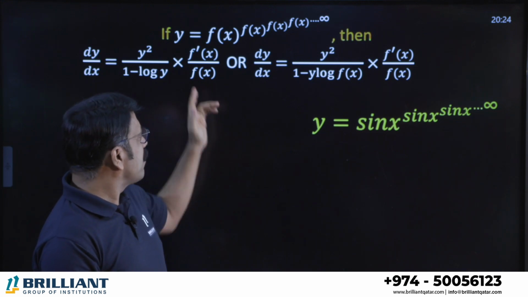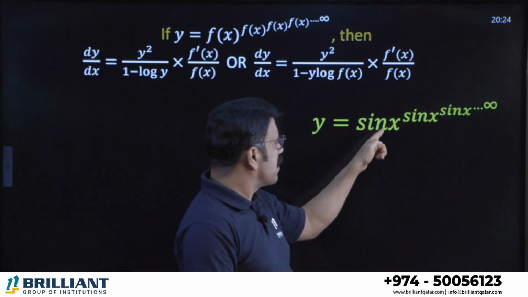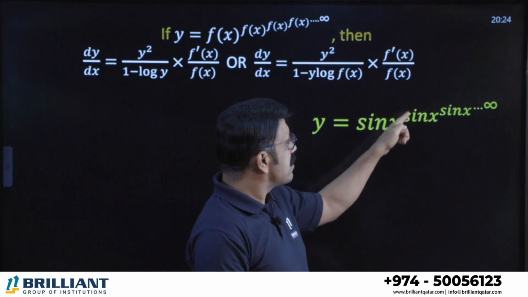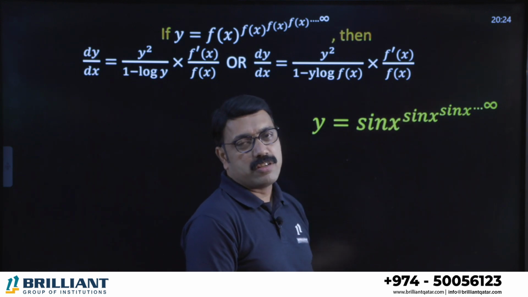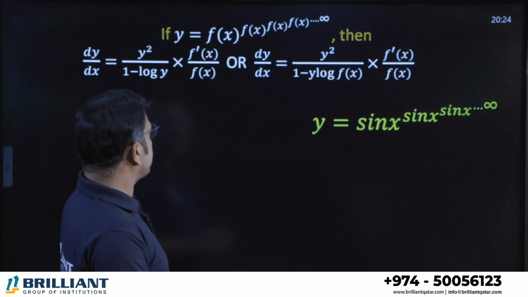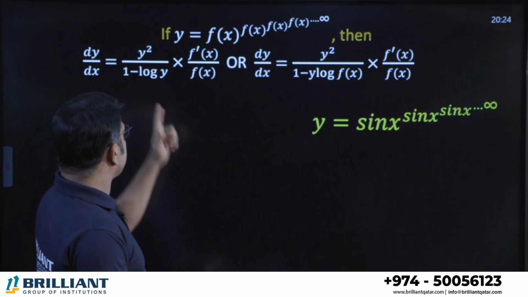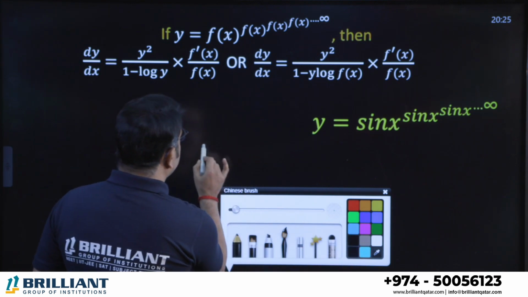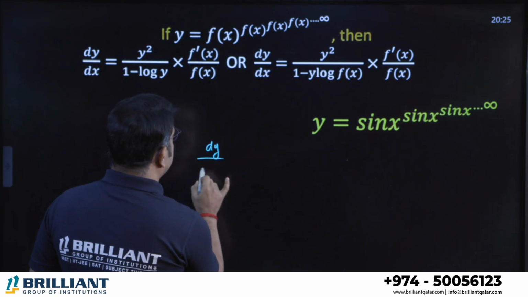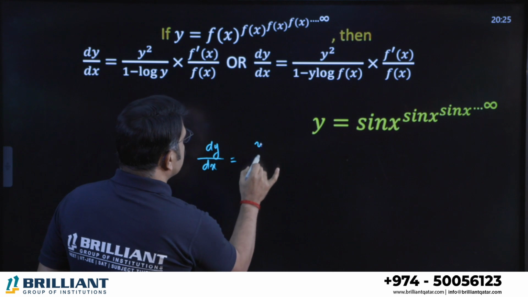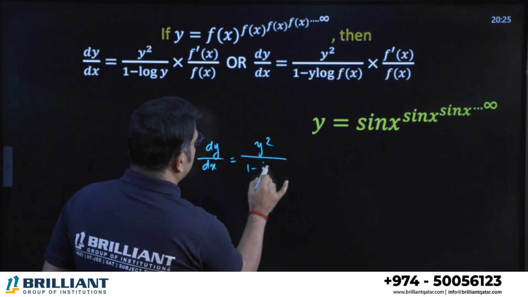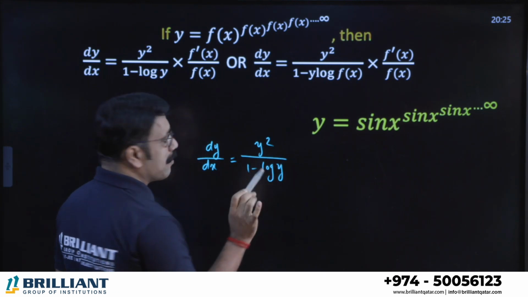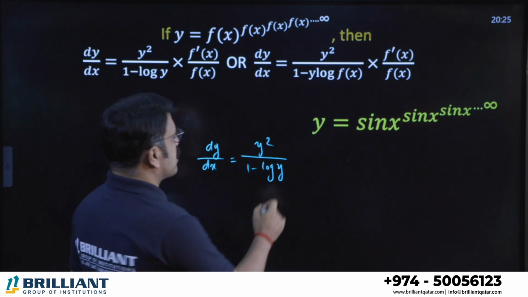Okay, once again, when we are using these powers, like that example, sin x raised to sin x raised to sin x, etc., to infinite terms. So please check, y equals that question, and the formula is dy by dx equals what? dy by dx equals y square by 1 minus log y. No change is there, that's the same.